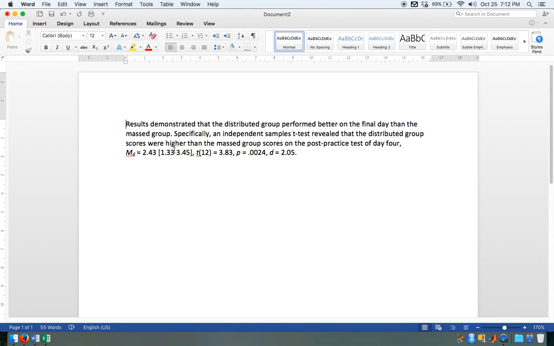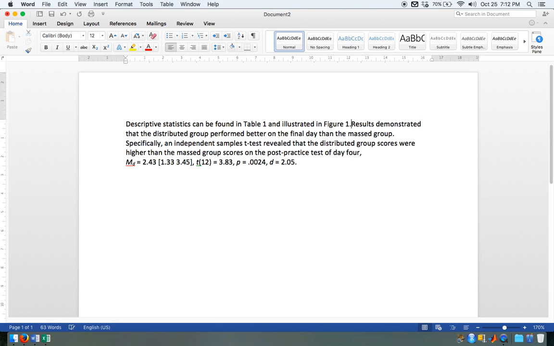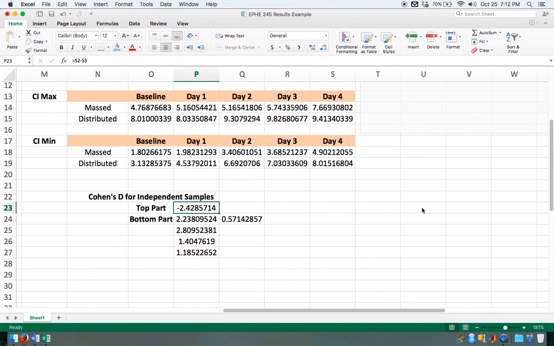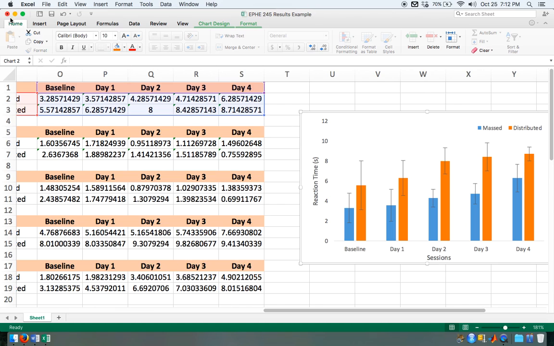One other thing I'll say before we finish off here is you have to refer to your figures and stuff, so you can say something like descriptive statistics can be found in table 1 and illustrated in figure 1. Then of course with that you have to include such things in your Word document, so don't attach these separately.